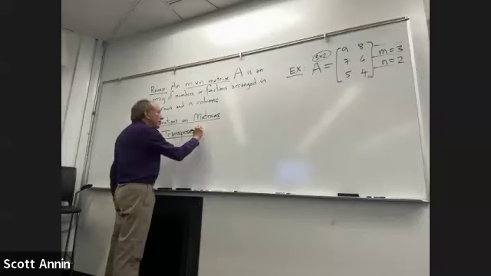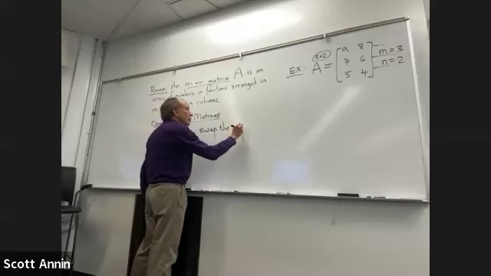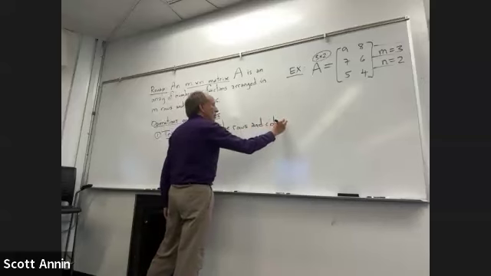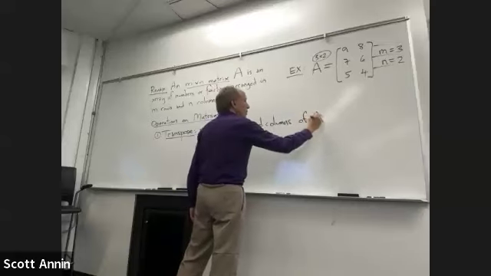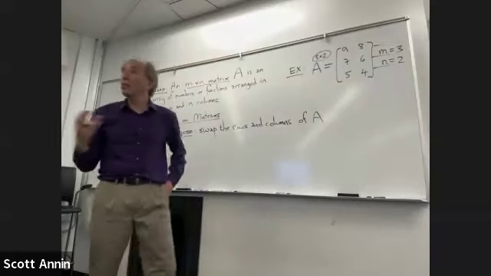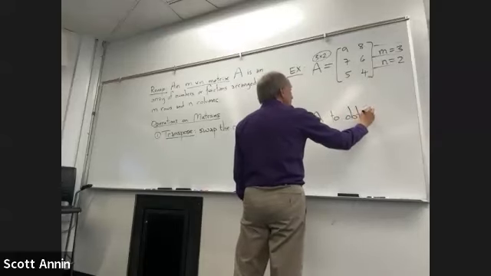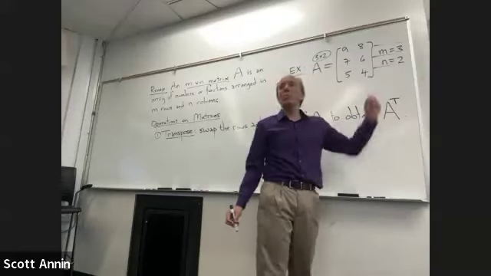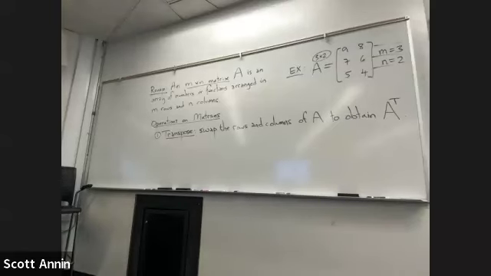And what this means is this is where we swap the rows and columns of A. We literally just swap the rows and columns of A to obtain what is denoted as A with kind of almost like it's an exponent, but that's really a T for transpose. So we'll be writing it as A transpose.